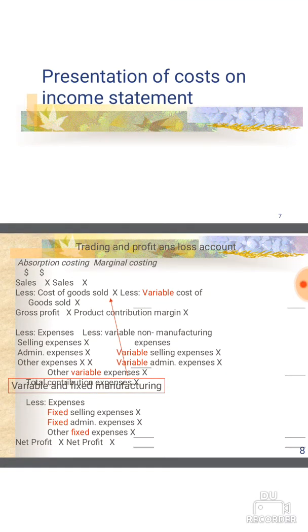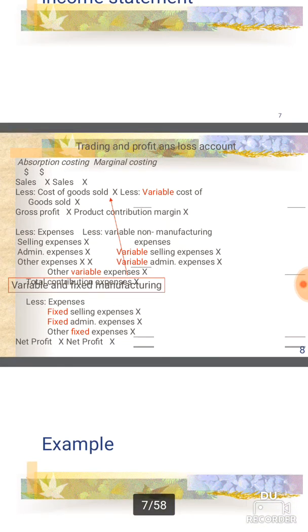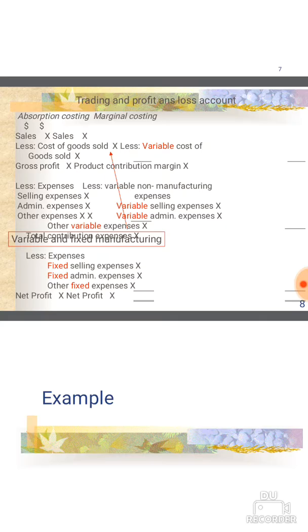Absorption costing: Sales less cost of goods sold, less variable cost of goods sold, gross profit, product contribution margin, less expenses, less variable non-manufacturing costs, selling expenses, admin expenses, other expenses, variable selling expenses, variable admin expenses, other variable expenses, less total contribution expenses, variable and fixed manufacturing, less fixed selling expenses, fixed admin expenses, other fixed expenses, net profit or net loss.